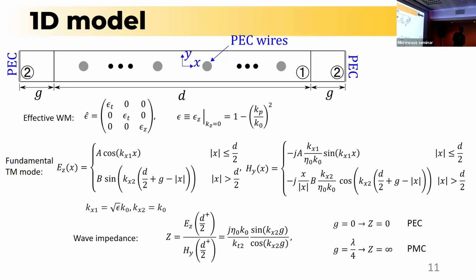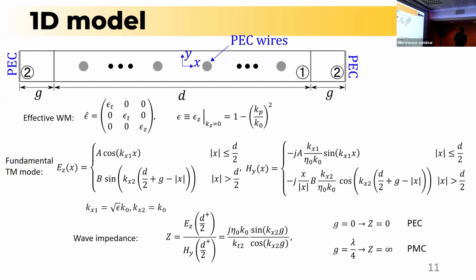When the air gap is equal to 0, we can analyze directly, and we have the trivial case of the perfect electric conductor boundary. And when the air gap is equal to lambda over 4, we can check here in the denominator that our denominator will go to 0.